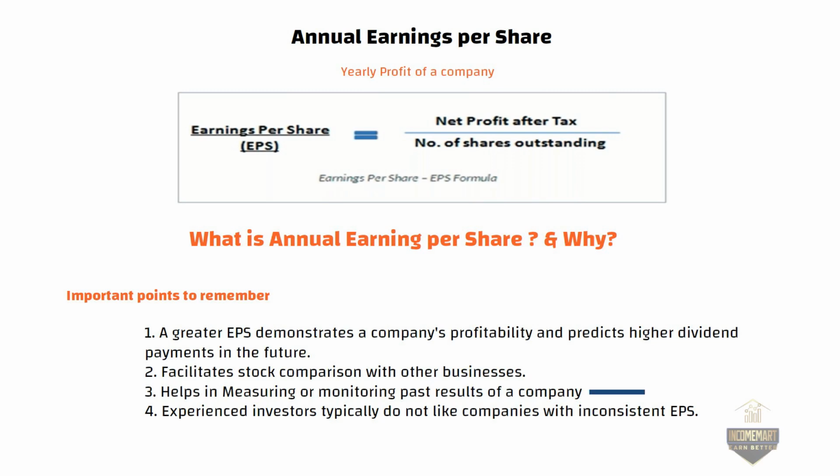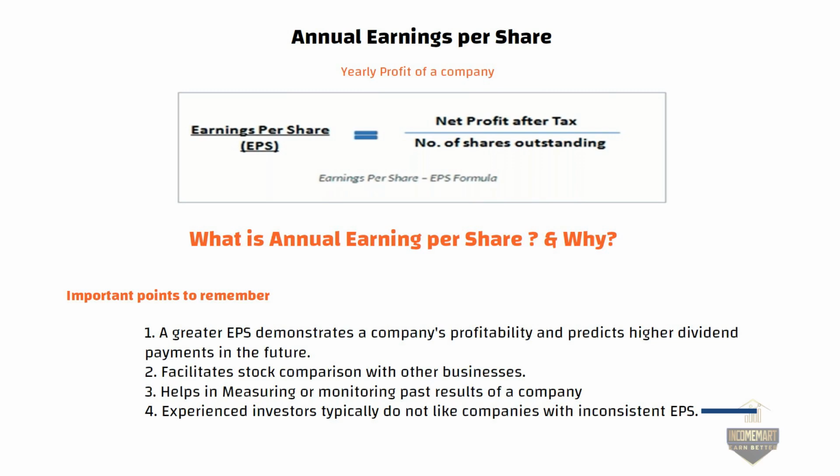And third is EPS not only helps measure a company's current financial standing but also helps track its past performances. EPS can also be used to compare the financial standing of a company over the past years. Companies that have a steady EPS increase can be a reliable investment option. Conversely, companies with irregular EPS are usually not preferred by good investors.